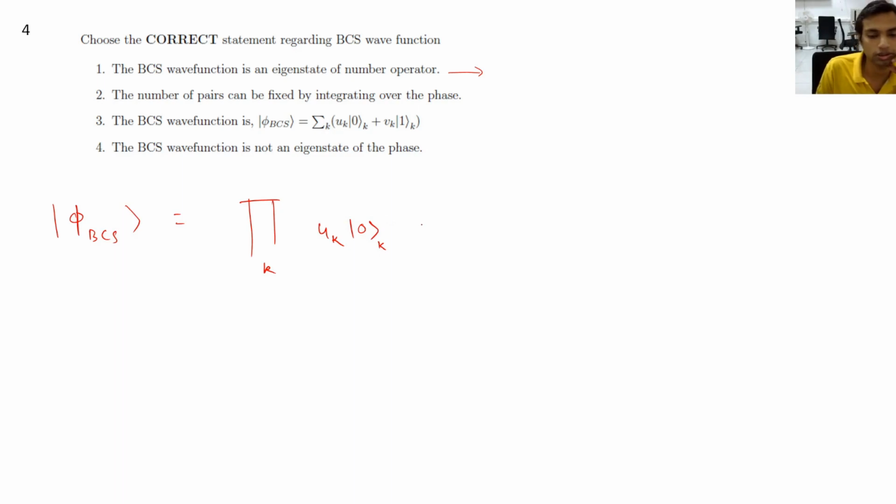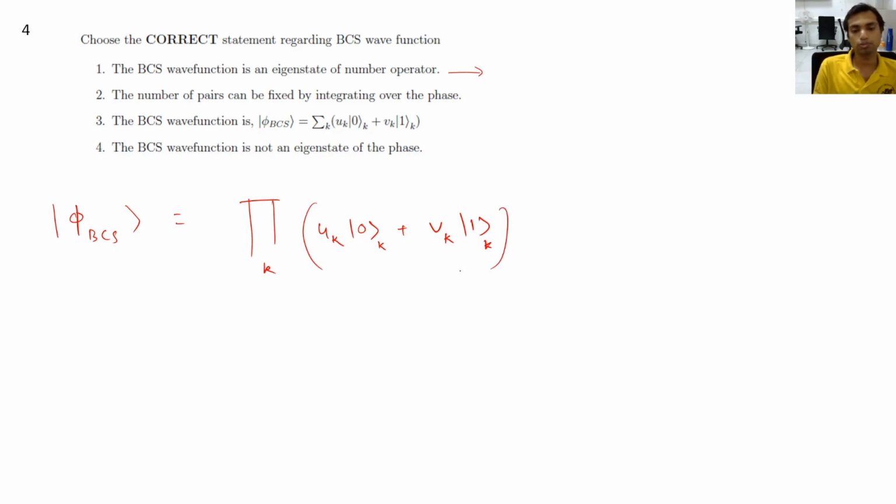One state is 0 and the other state is 1. 0 means that the Cooper pair with momentum plus k and minus k has not been generated, and 1 sub k means that the Cooper pair with momentum plus k and minus k has been generated.